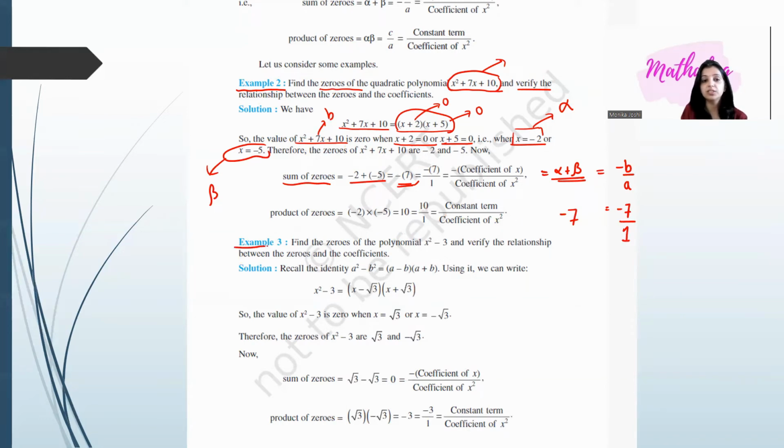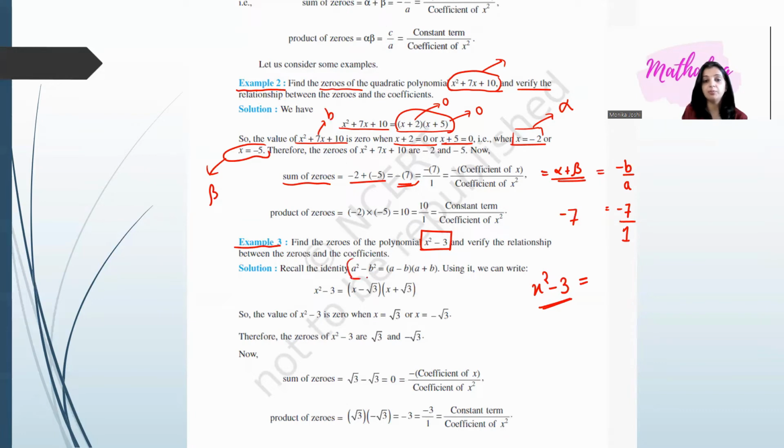Now move to the third example. Look here, find the zeros of the polynomial. Here the polynomial is x square minus 3. For finding the factors, how will you do it here, because there is no middle term, meaning there is no x term? So how are we going to find the factors here?